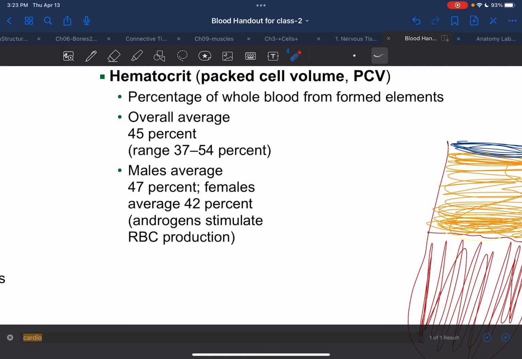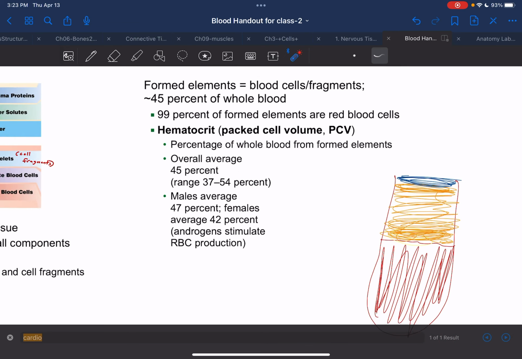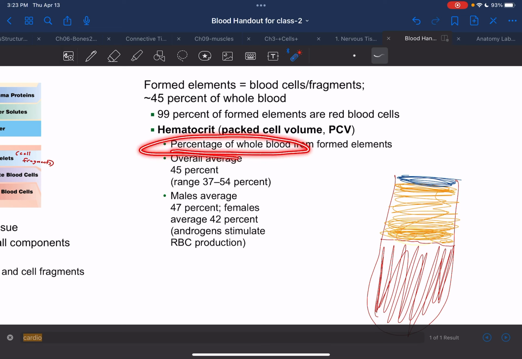Do I need you to know the percentages? You don't need to know the percentages for the hematocrit. All I need you to know is what the cell content is, the percentage of whole blood that is formed elements. Okay, that's what this phrase is badly trying to say.